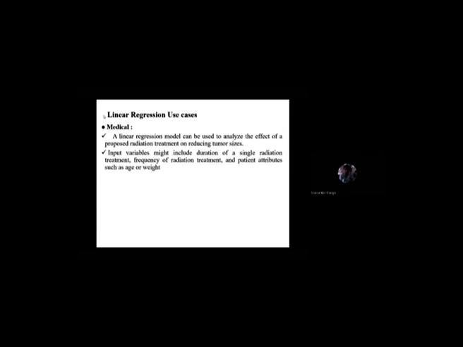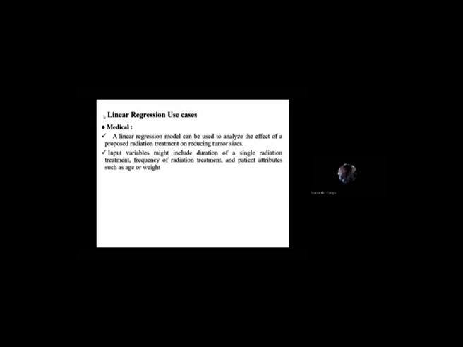Right. So regression can also be used in the medical domain. It is used to analyze the effect of a proposed radiation treatment on reducing tumor size. Doctors need to apply chemotherapy. They will apply some radiation on the tumors of the patients.